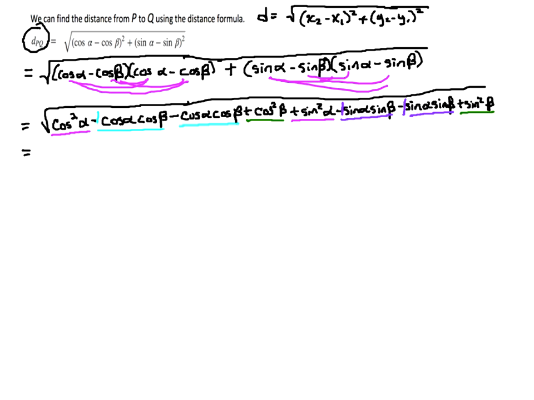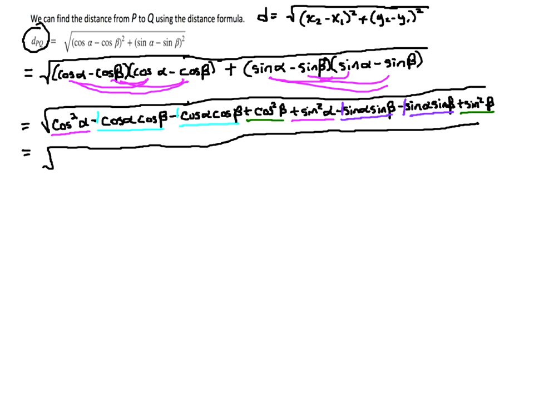So all I'm going to do is combine my like terms and then rearrange my sine squareds and cosine squareds so that I can call them 1. And I'll keep it color coded. Even though it takes a little more time, I think it's helpful to see what goes with what.